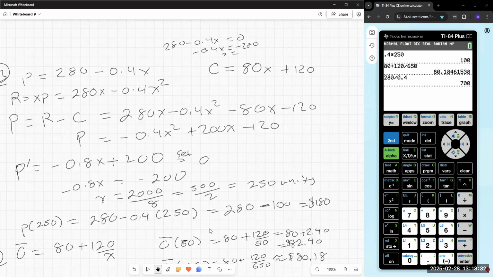X equals 280 divided by 0.4, which is 700. So x has to be in the interval of 0 to 700.